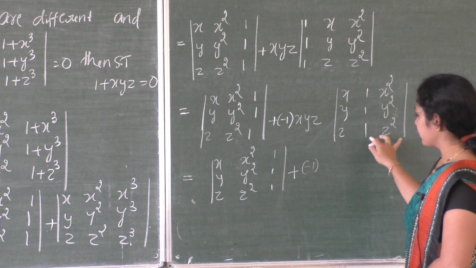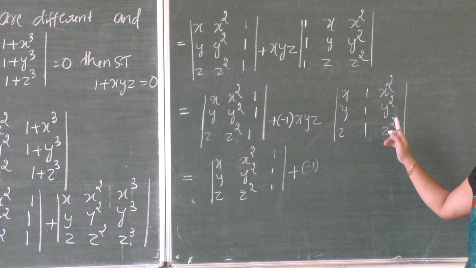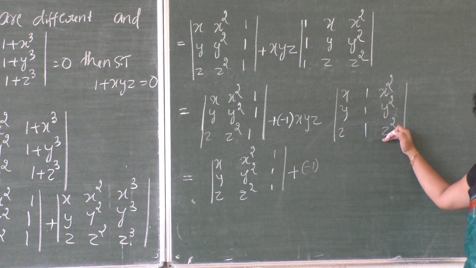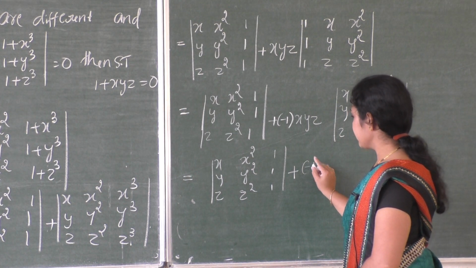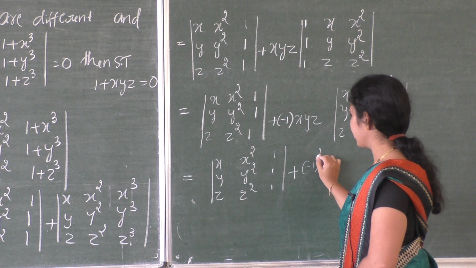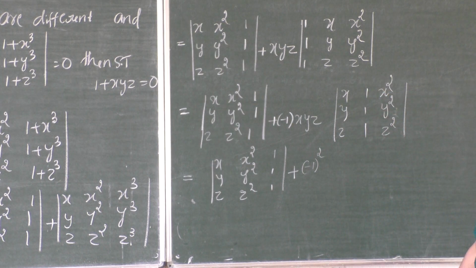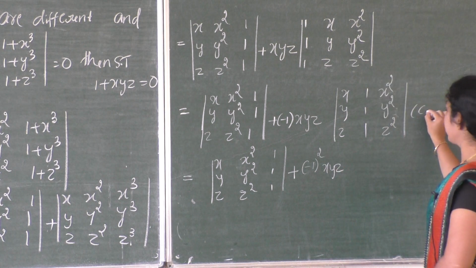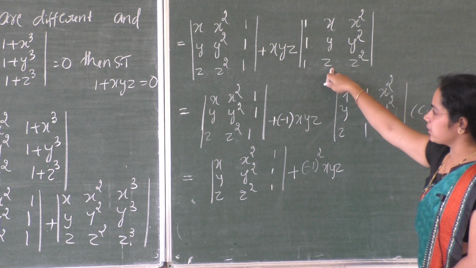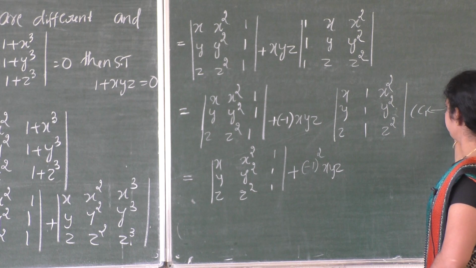Again if you interchange any two columns, the sign of the determinant changes, that means we need to multiply by minus. So minus 1 into minus 1, minus 1 whole square. Here we interchanged the first and second column.